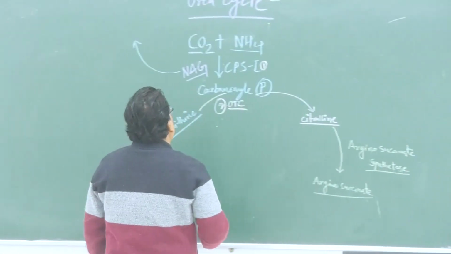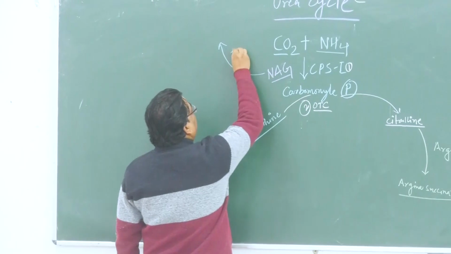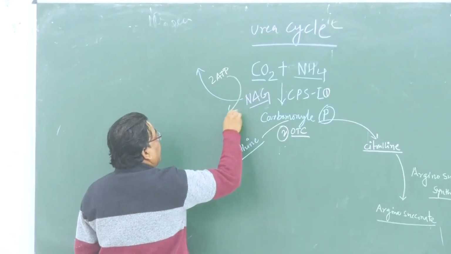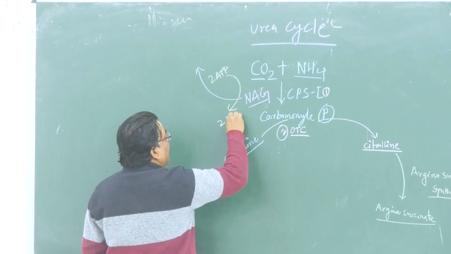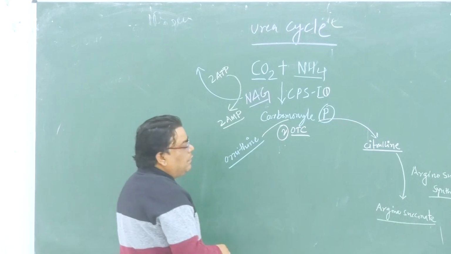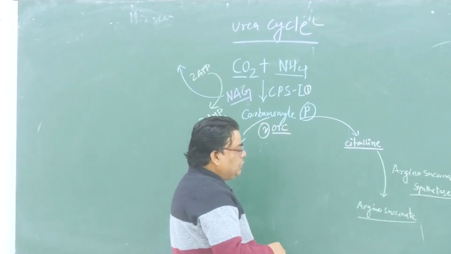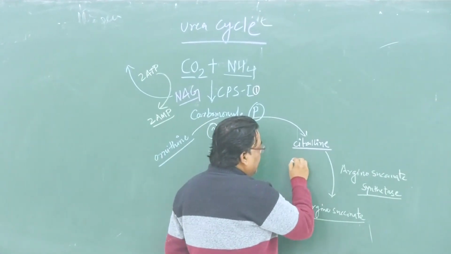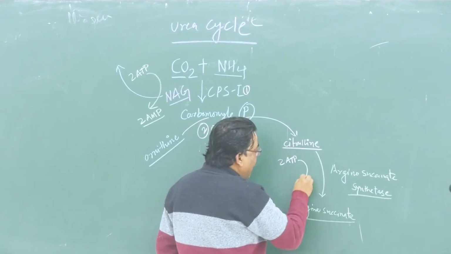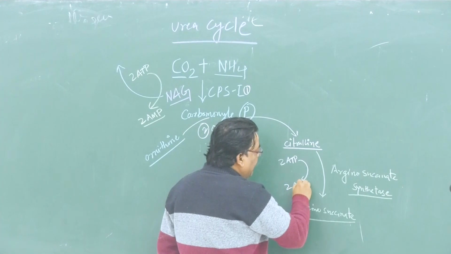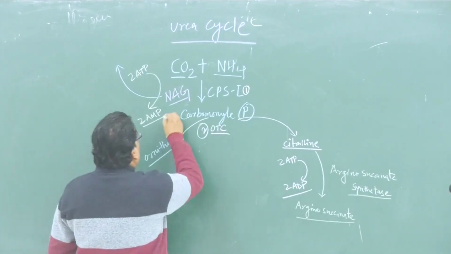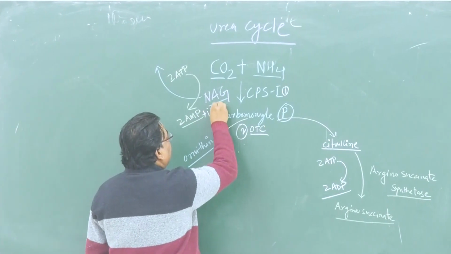So there is a requirement of ATP. In the first step, 2 ATP is converted into 2 AMP, adenosine monophosphate. Same here in this step, they also take 2 ATP, forming 2 ADP with inorganic phosphates.